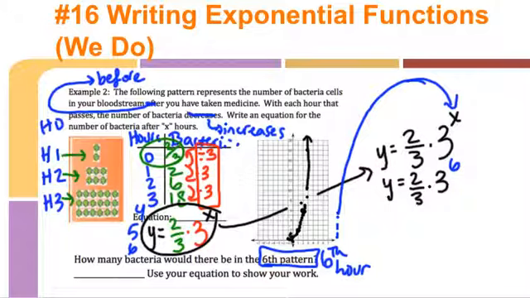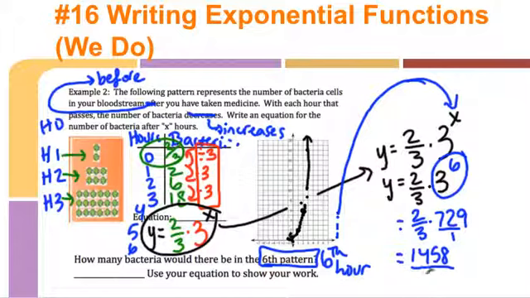So let's go ahead and do this. So again, I want to do my exponent first. 3 to the 6th power. Use my calculator. 3 to the 6th power gives me 729. So that's 2/3 times 729. So now I can put this over 1. So I'll multiply 729 by 2 straight across. So that's 1458 divided by 3.